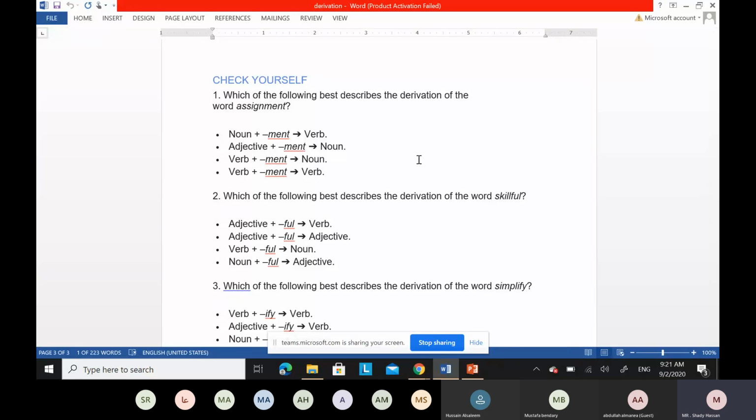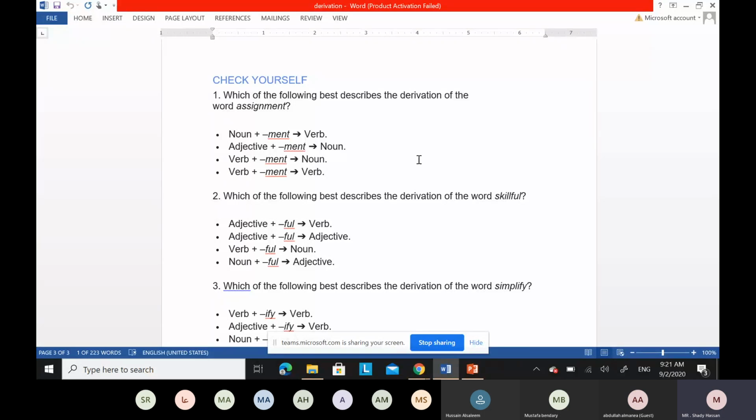Is it noun plus ment, which gives verb; adjective plus ment, which gives noun; verb plus ment, which gives noun; or verb plus ment, which gives verb?